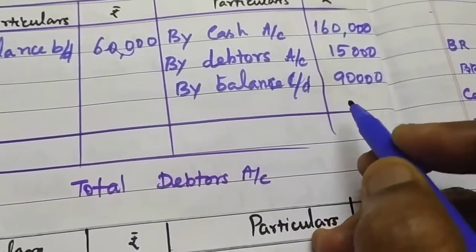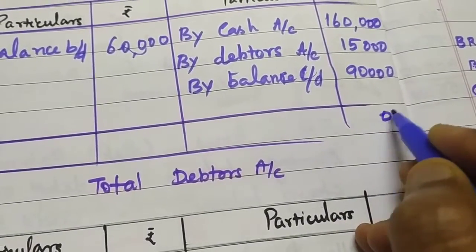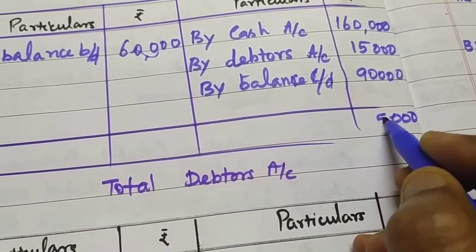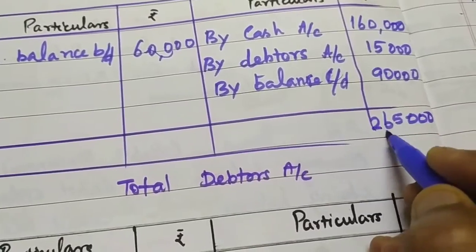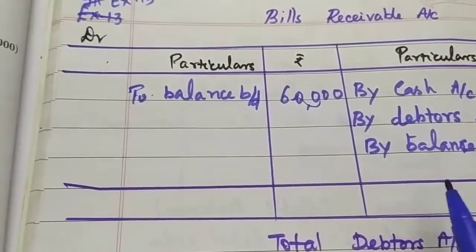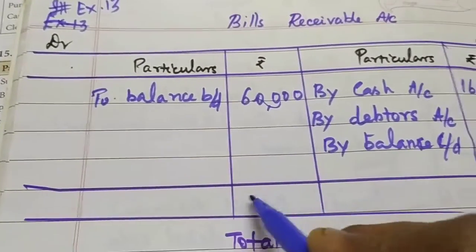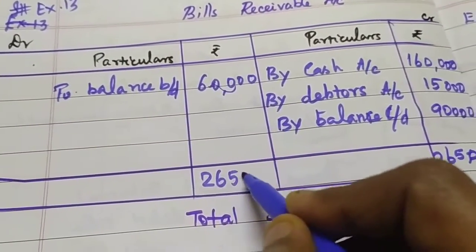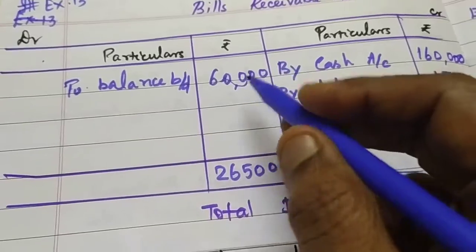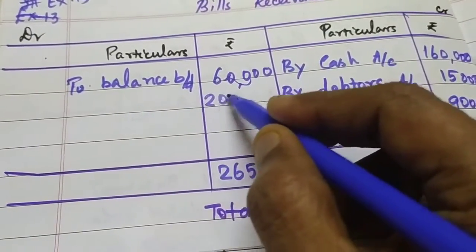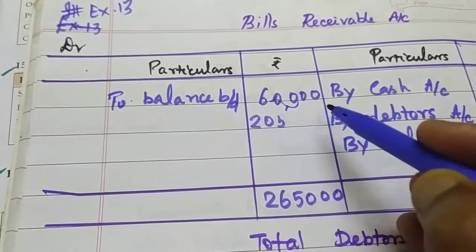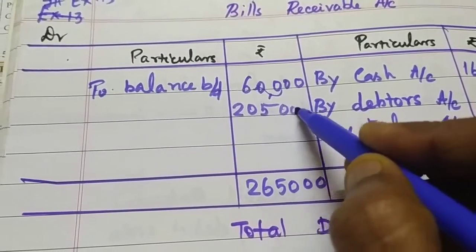If you add, you are getting 2,65,000. And then debit side total only 60,000 is there. 2,65,000 minus 60,000, the difference amount is 2,05,000. This comes in the debit side.